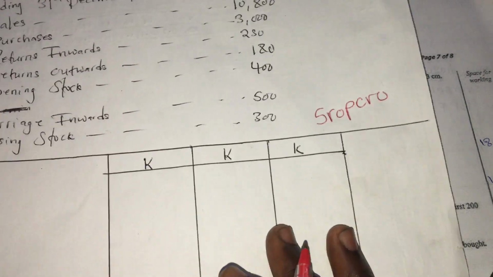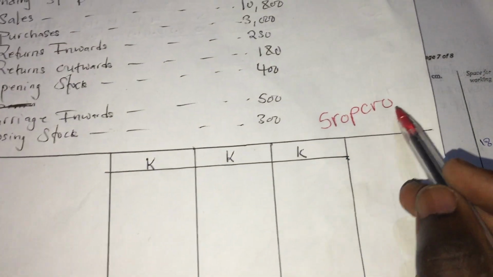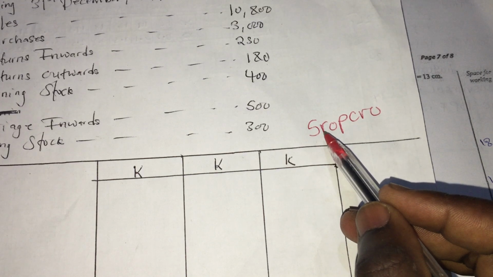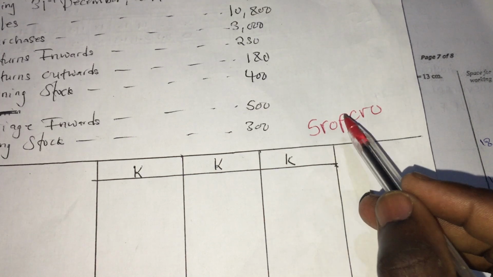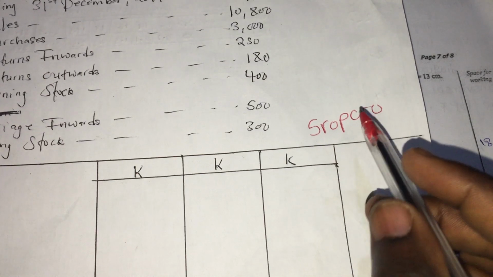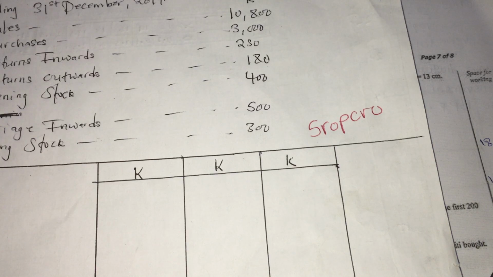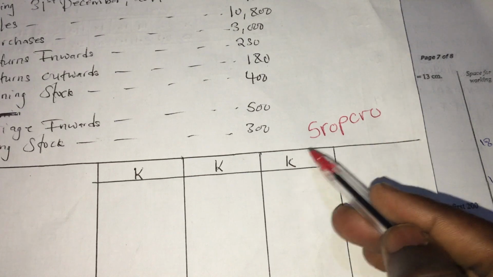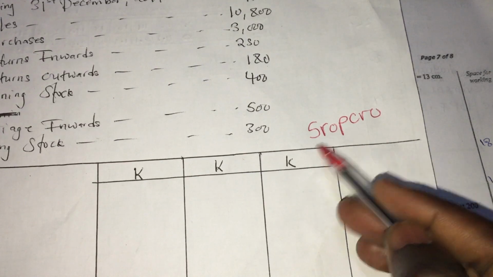So if you write Swapco, S stands for the sales, R stands for the returns inwards, then O for opening stock, purchases, carriage inwards, then RO, they're together, it's returns outwards. All right. So this is the order the items must follow each other.